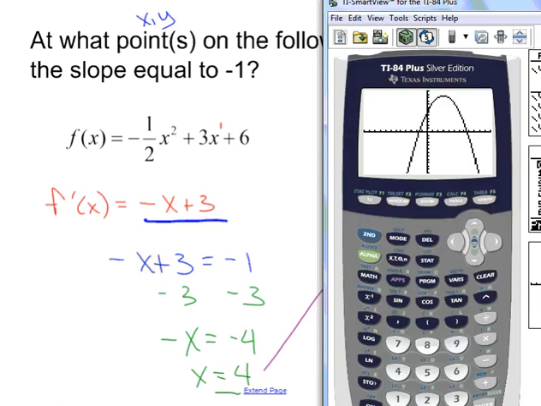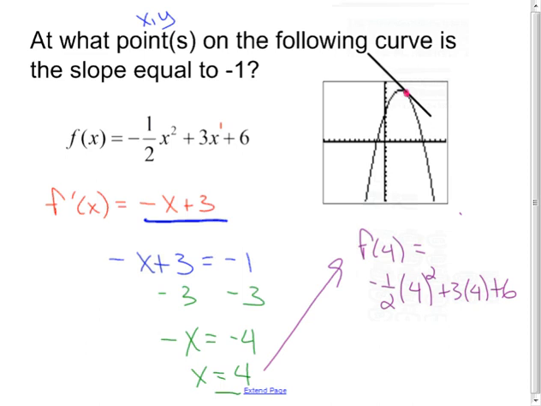If you notice, I have the function here, so I can just hit the trace button, type my 4, and hit enter, and I'm getting an output of 10. So that makes my point, which is my final answer, (4, 10).